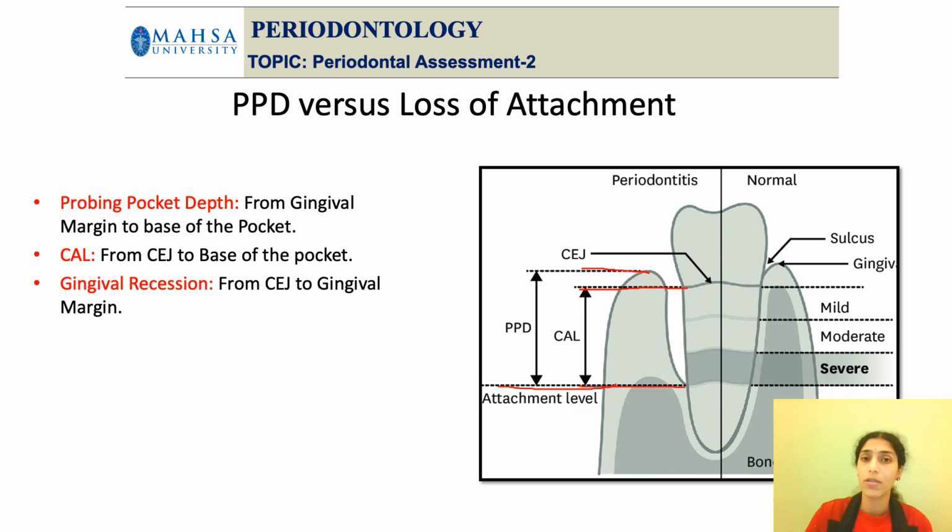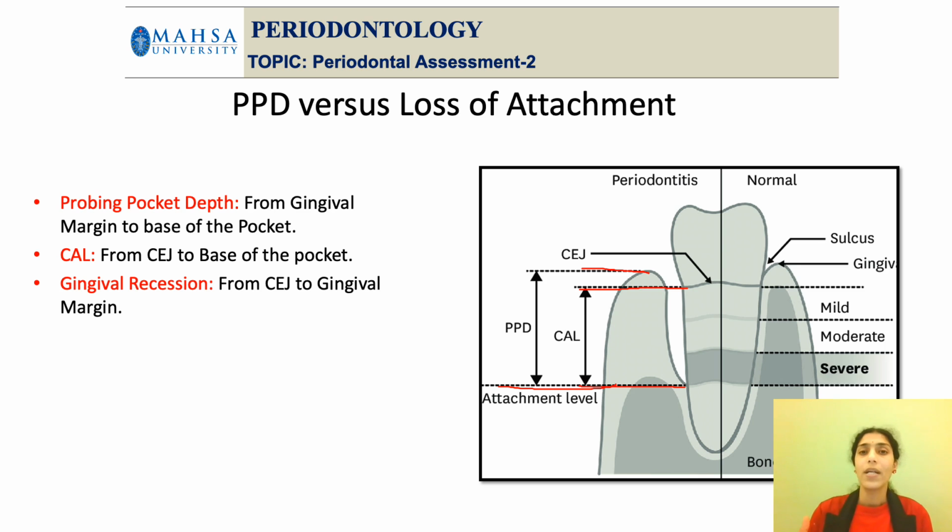Attachment loss is a more reliable parameter than the probing pocket depth in assessing the amount of disease, because the point of reference is always the CEJ, which is a standard point. The gingival margin won't be as standard or clear cut. It can fluctuate; the margin can move up or recede down.